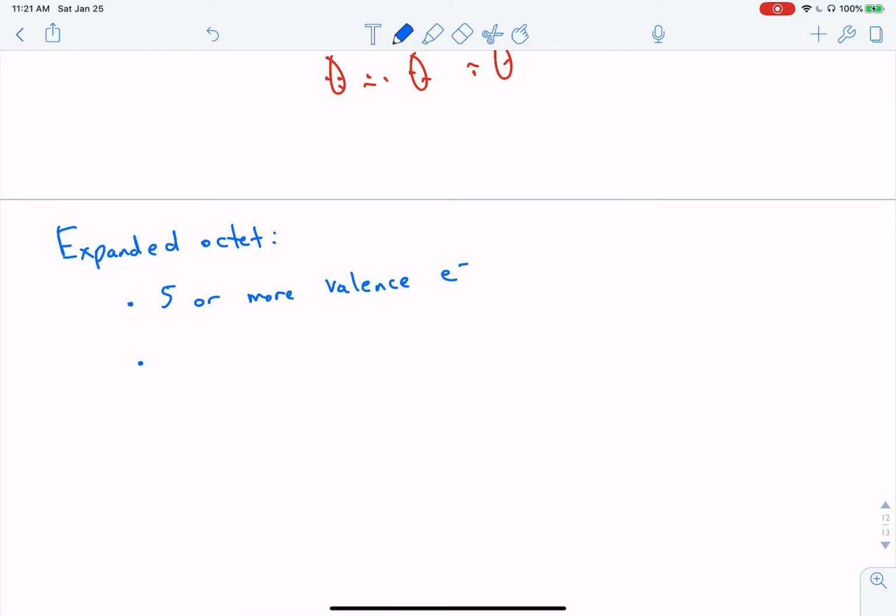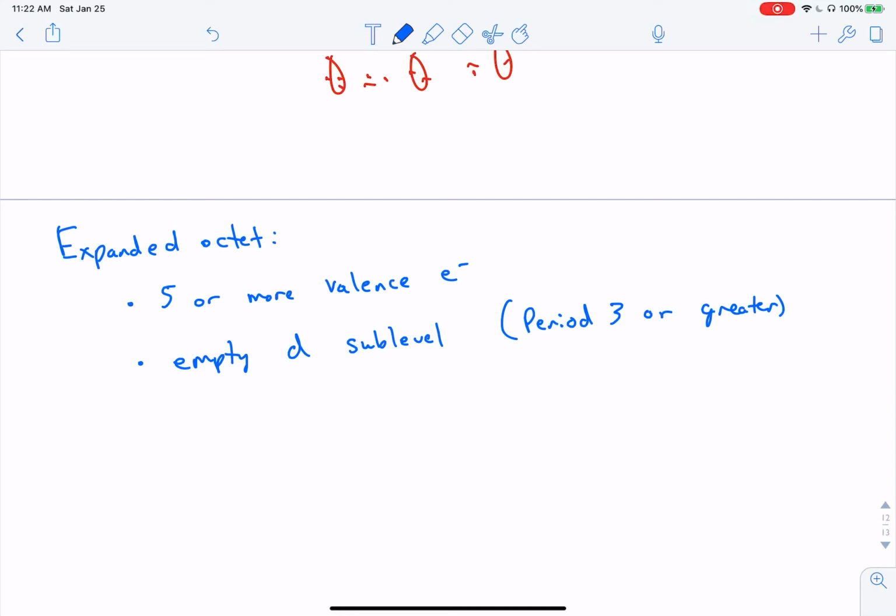And two, it has to have an empty d sublevel, which means it has to be in period 3 or greater. Because the d sublevel exists in energy level 3 and higher.